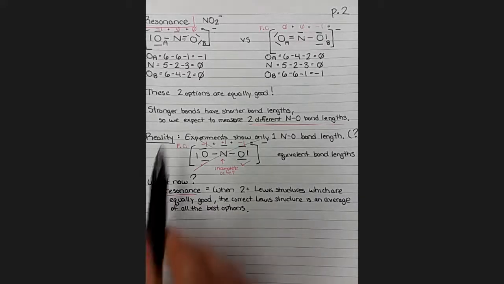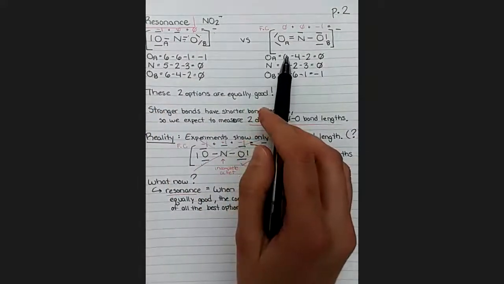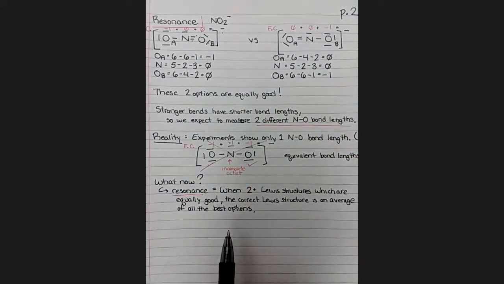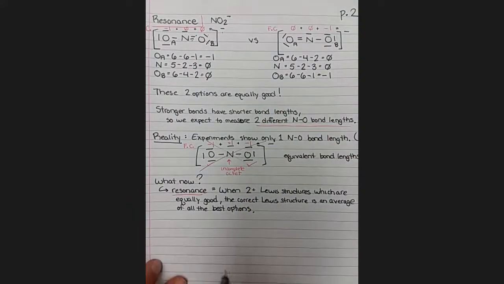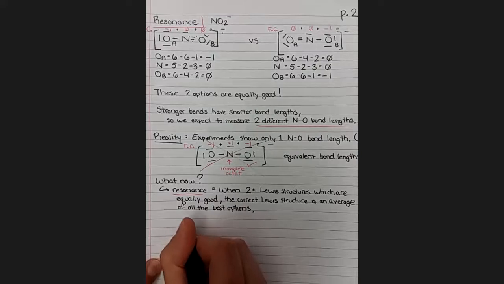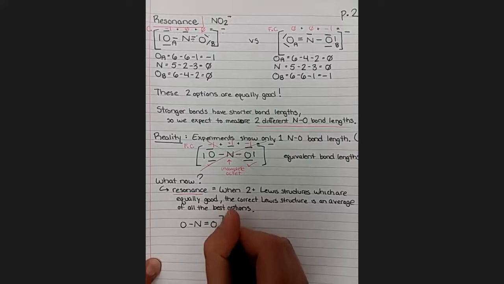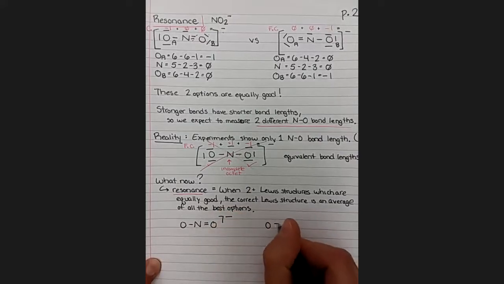So in the case of NO, we had two equivalent options. They were both equally good, so the most correct way to write the Lewis structure is to write both of them. But we need to write it in a particular way to indicate that this is a resonance situation. So we'll write them really quickly down here.